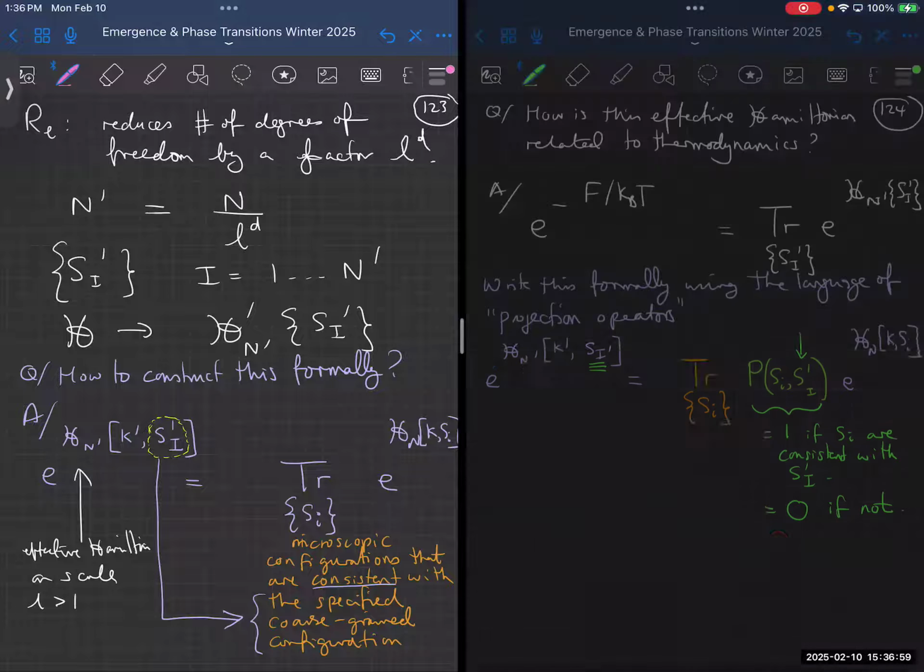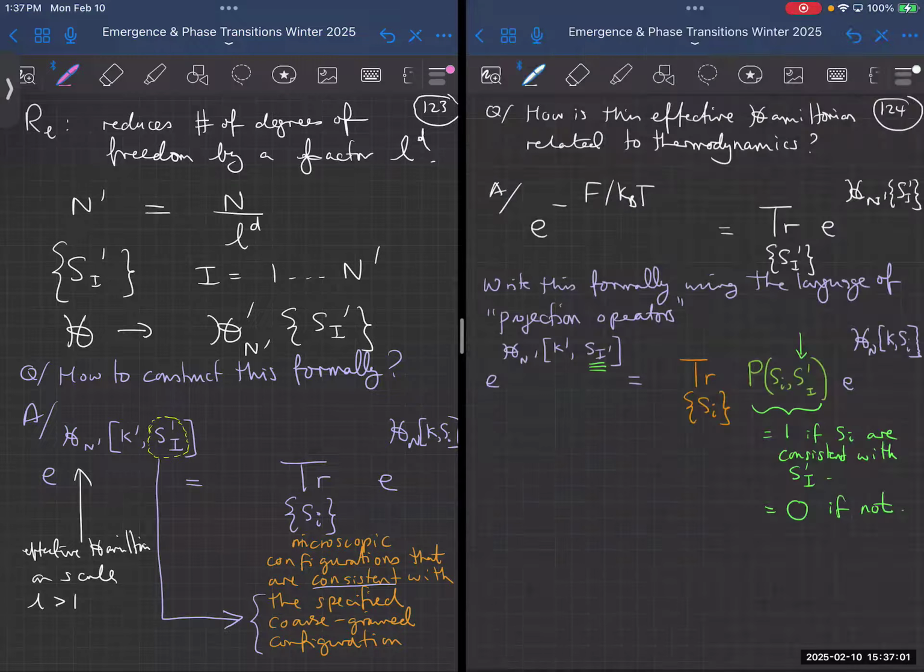So that's just a formal way of saying it. Let me give you an example, just so you can see that it's not just some mumbo jumbo.